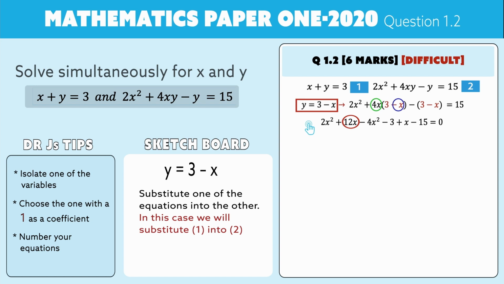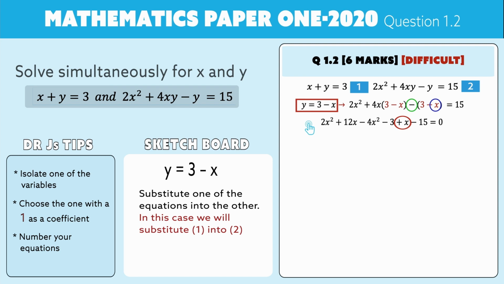Now be careful there, that's minus 4x squared. Folks, here I have a negative that distributes into both terms in the bracket. So I get minus 3 plus x. The 15 comes to the left. That leaves me with minus 15, and the result is indeed naught.